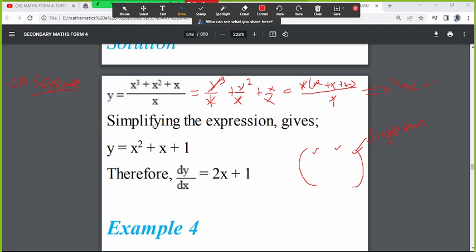After separating and simplifying, this is what we get. Now the expression is ready for differentiation. So we can find dy/dx, which is equal to 2x plus 1, differentiating the first term and the second term.